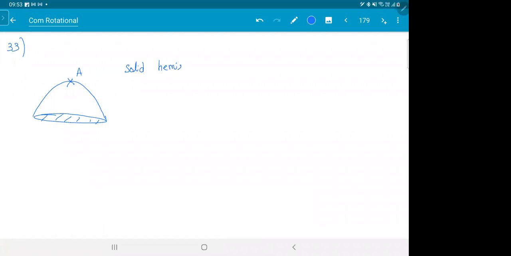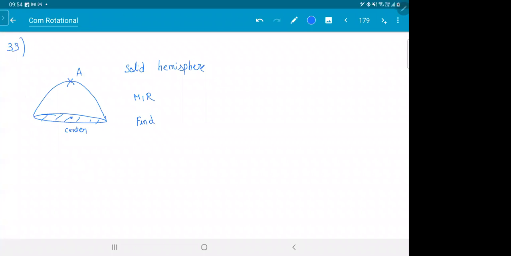Instead of a half ring, I took a hemisphere. Find IA. Let's do this thing.